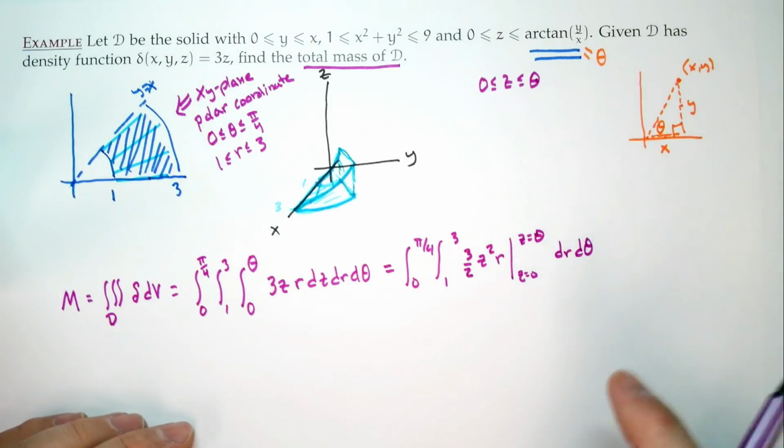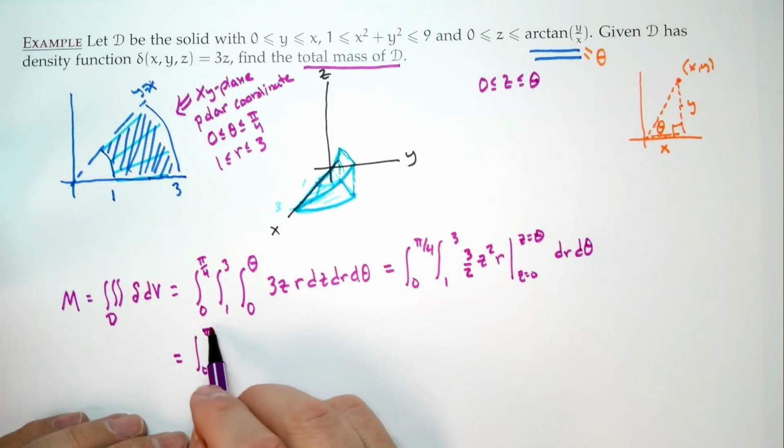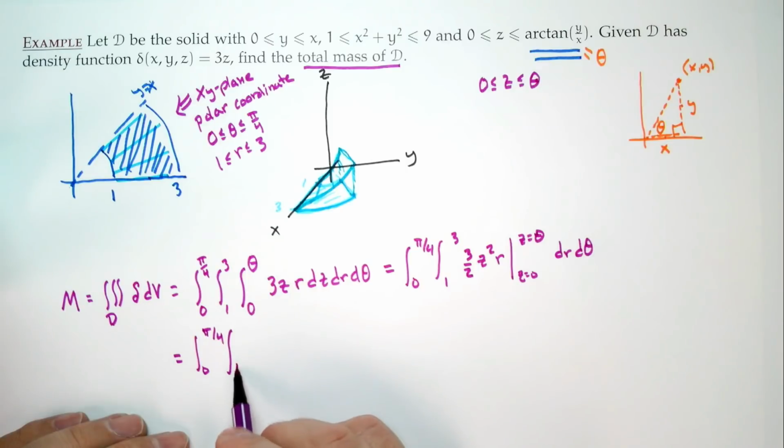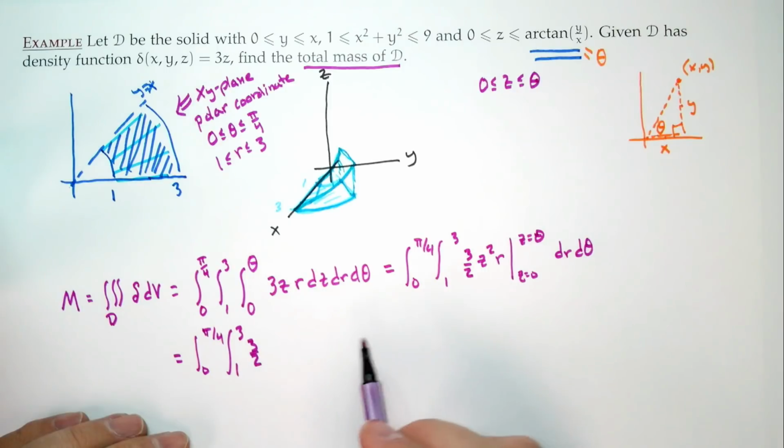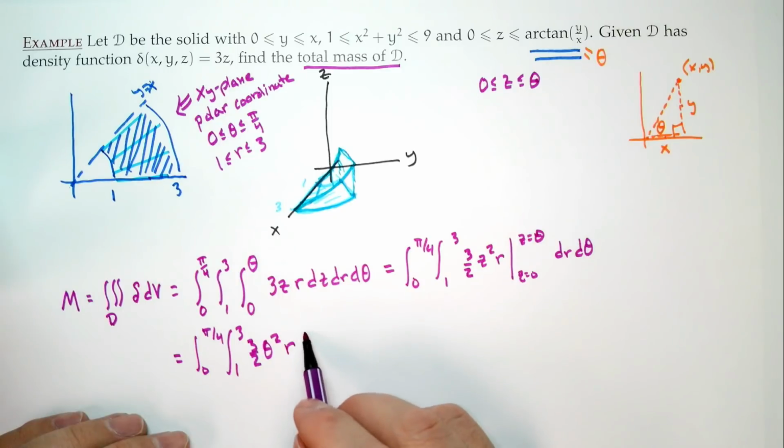Plug in 0, we get 0. So we need to plug in theta. So this will become 0 to pi over 4, 1 to 3 of 3/2 times theta squared times r. All right? And dr d theta.